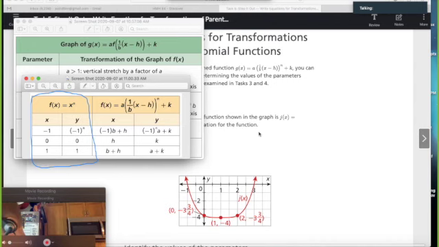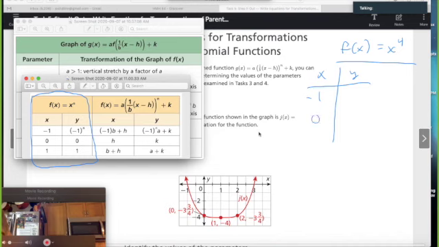So if we're going to make our chart, f of x equals x to the fourth. So our x and our y's are going to be a piece of cake. This is the easy part of the problem. So you've got x is negative 1, 0, and 1. When x is negative 1, plug it into the function at the top. Y is going to be 1 because it's an even function, so you lose that negative. 0, still going to be 0. 1, still going to be 1. So that's the easy part.